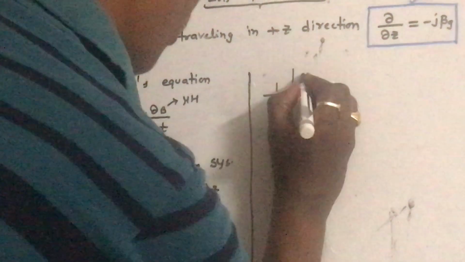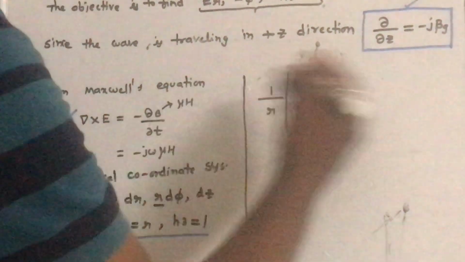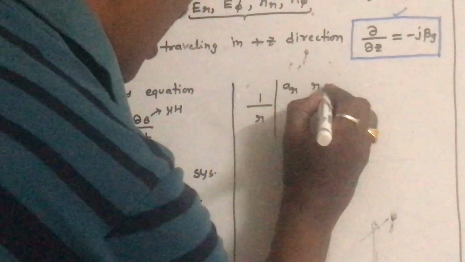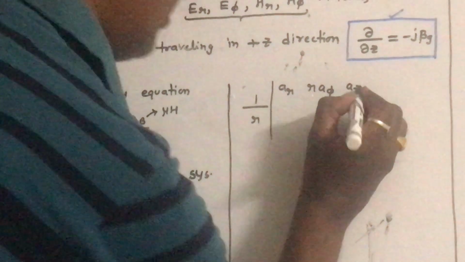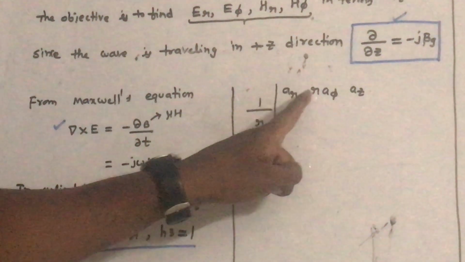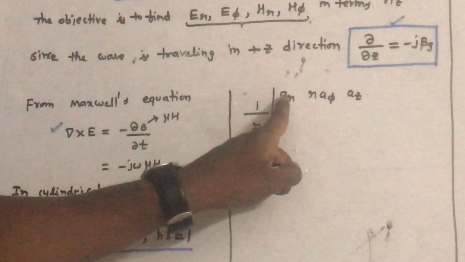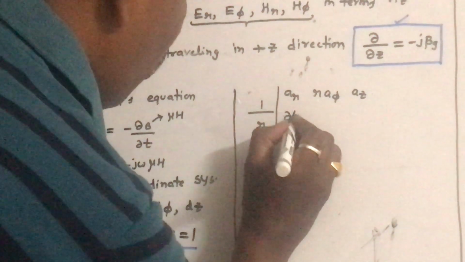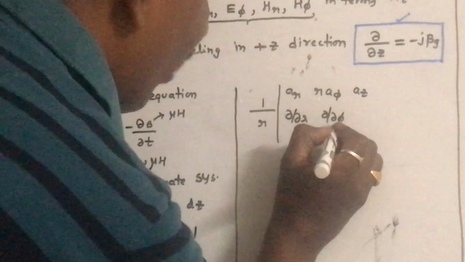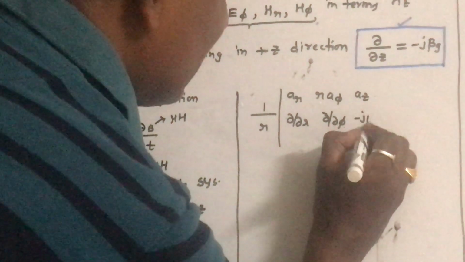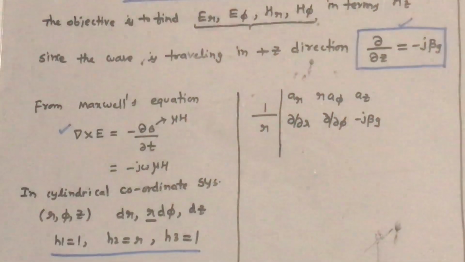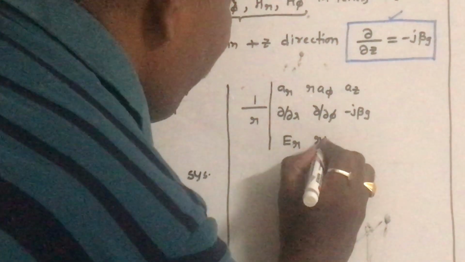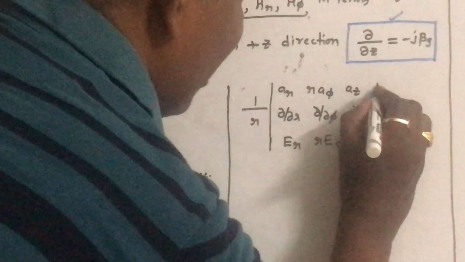The first row is written with a_r because it is a cylindrical coordinate system, so we have to multiply by h1, h2 and h3, which gives a_r, r a_phi, a_z. These are the unit vectors a_r, a_phi and a_z. The second row is del, written as dou by dou r, dou by dou phi, and dou by dou z, which we take as minus j beta g. Now the last row is E, taken as E_r, r E_phi and E_z is 0 in the direction of propagation.